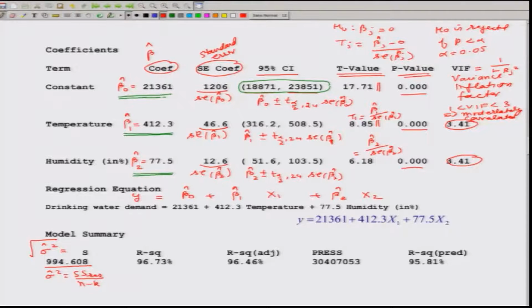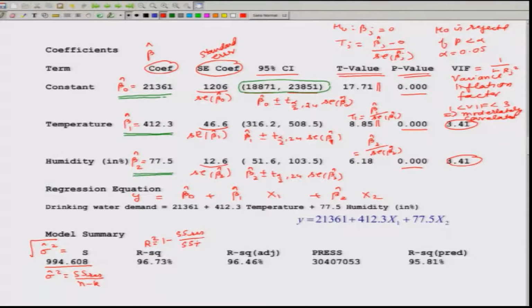Okay. And this is our R square. R square was the statistic that was used to test the goodness of fit, and this we had defined as 1 minus SS residual divided by total sum of squares SST.